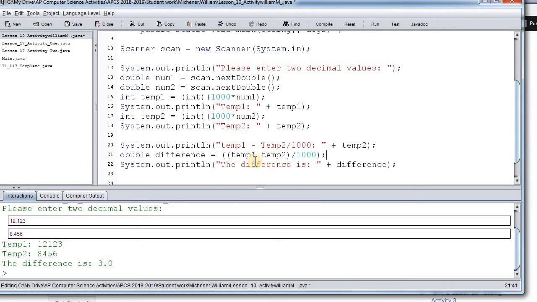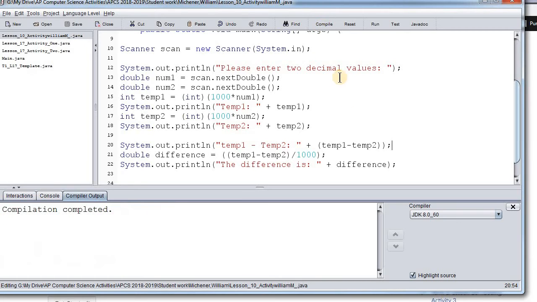Oh no, let's do, shoot, because this is going to be okay. Let's just do temp1 minus temp2. Let's just subtract it here. It's important that you understand what the computer is thinking versus what you're thinking. You're kind of assuming the computer is smarter than it is, and it's really not. You've got to do all the work for it.